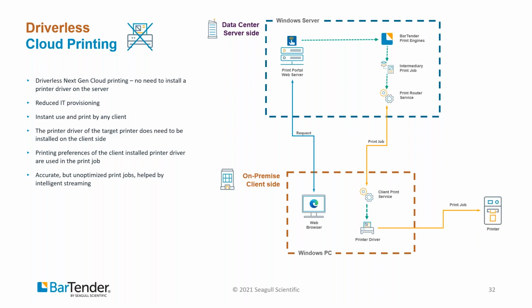So every 2,000 labels you produce to PDF, that is a printer license that is consumed. So therefore, if you're printing millions of PDFs, you'll need a suitable number of printer licenses to cover that.